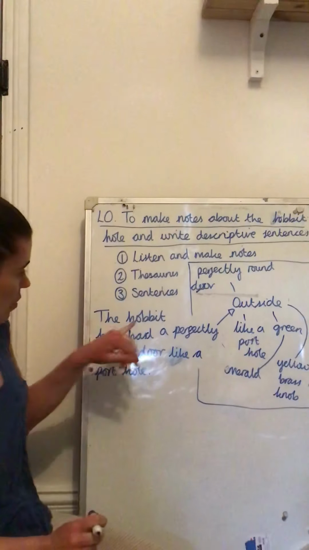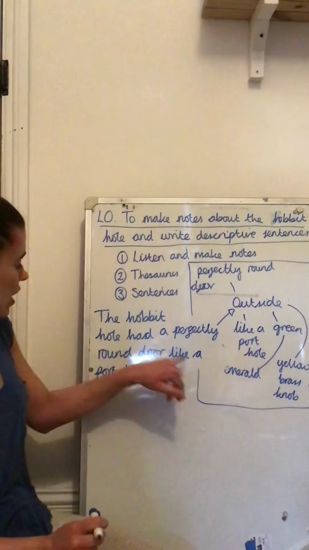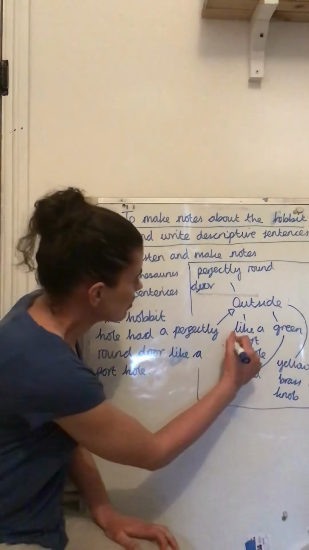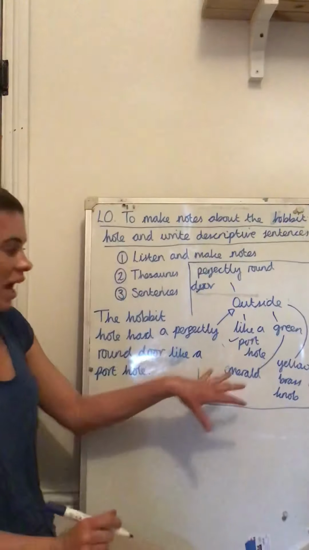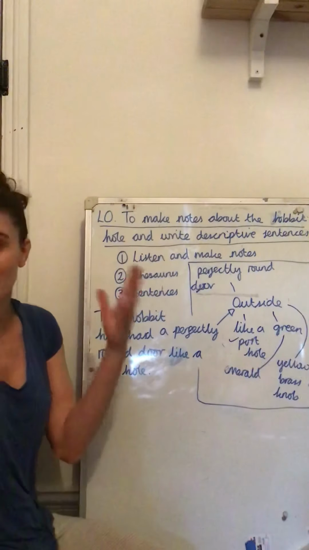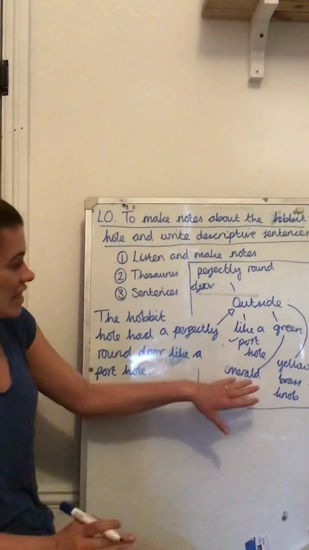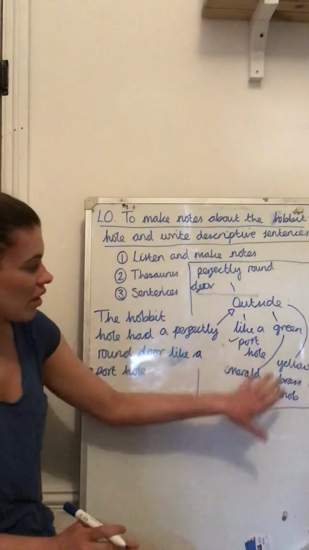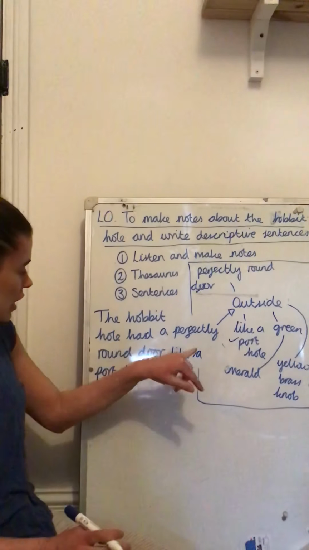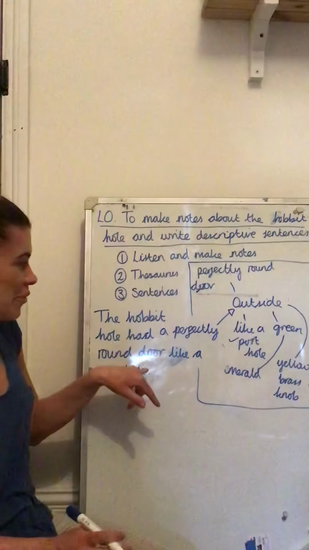Yeah. The Hobbit hole had a perfectly round door like a porthole. Love it. Now I'm thinking, when I've written about that, I haven't told the reader it's emerald or green yet. You can choose which word you want to use. You might find your own words that you think is better. So emerald or green, and I need to write about the knob exactly in the middle.